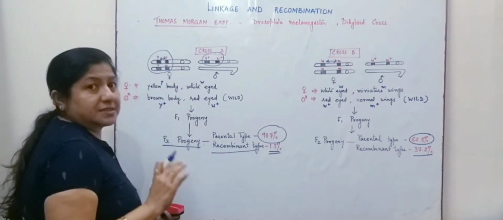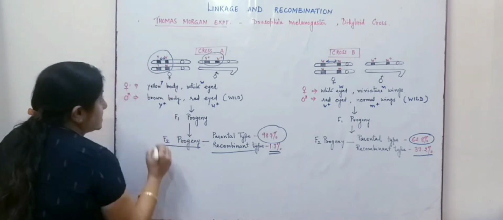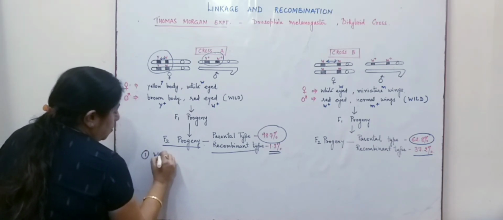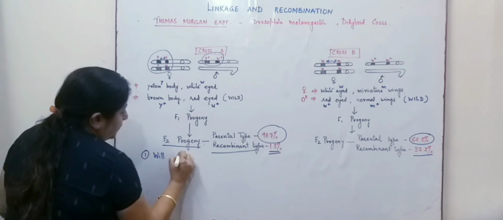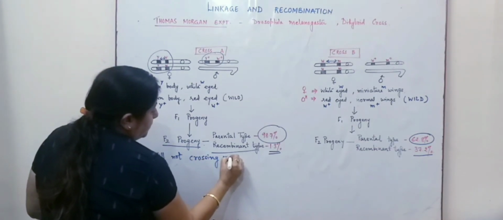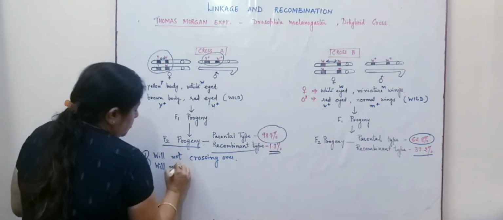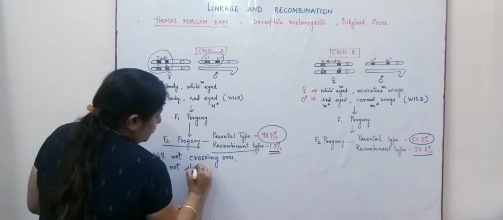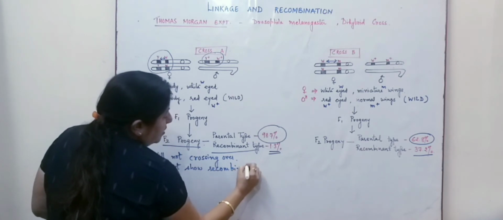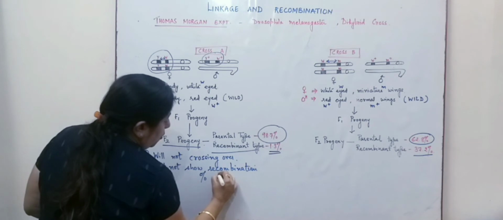Now, since the distance between the two genes is less over here, this type of cross, that is cross A, will not allow crossing over and will not show recombination much. The percentage of recombination will be low.